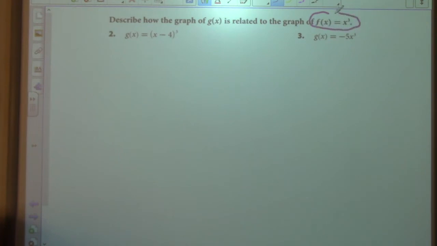What kind of transformations do you do to this to get to this thing right here? You're trying to go from f of x equals x cubed to this 20x minus 4 cubed. What kind of graphical transformation is that? What transformation is happening between here and here?